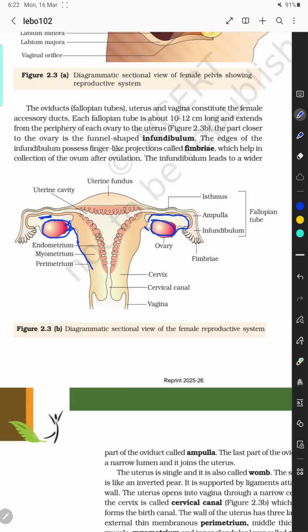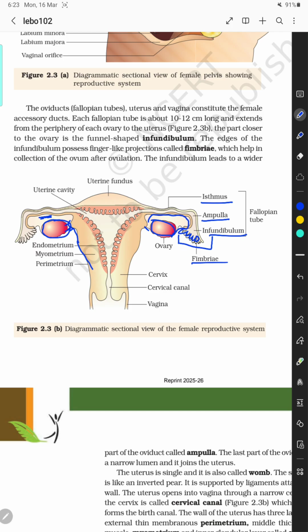Now come to the fallopian tube or oviduct. The fallopian tube has three parts. The anterior part is called the infundibulum, which is funnel shaped, and it has finger-like projections called fimbriae. The next middle part is the ampulla, then the posterior part is the isthmus. Now what is the function of the infundibulum? As you can see, it has finger-like projections.